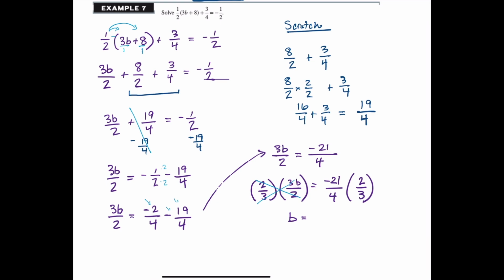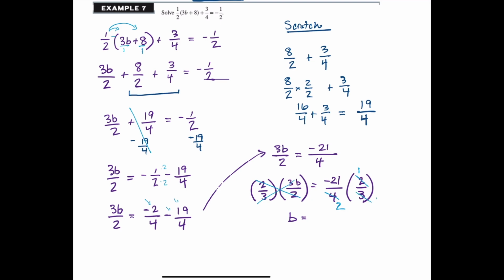So I notice that I have a 2 up here and then a 4 down here. And I know 2 goes into 4 2 times. So 2 goes into itself 1 time, and into 4 2 times. So I can already reduce that. And then 3 goes into 21 7 times. 7 times 3 is 21.